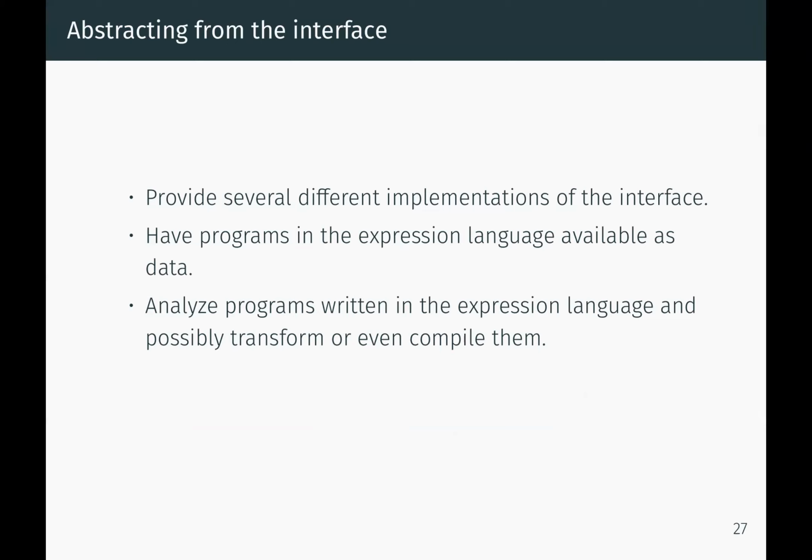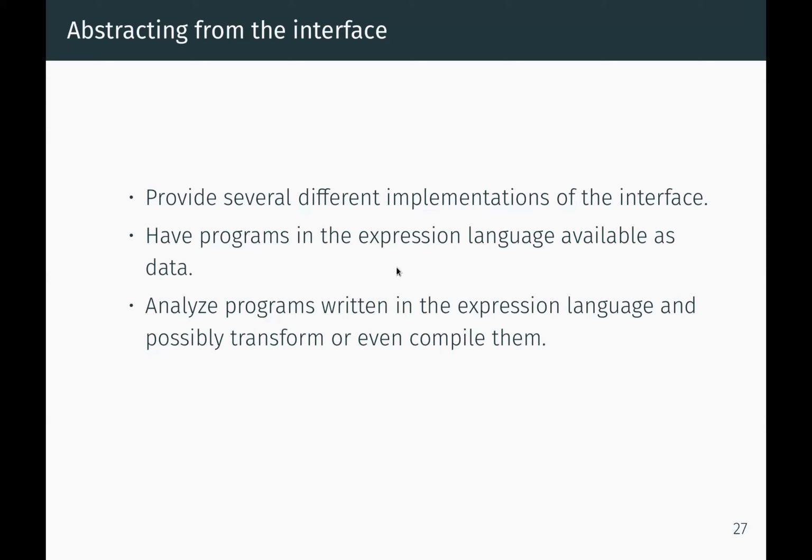And as I said, in principle, the idea is to reify the interface, make the interface a concrete type. Then it's possible to write programs using that concrete type, but have different implementations for the interface.